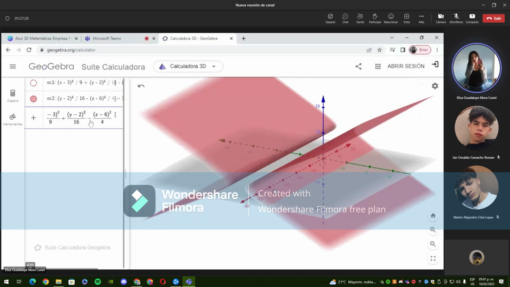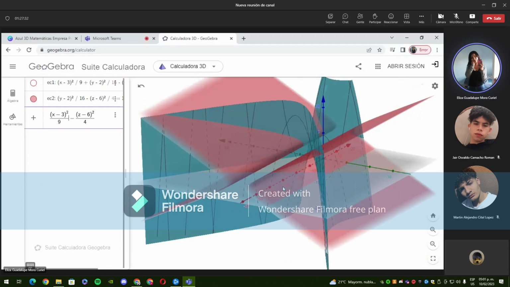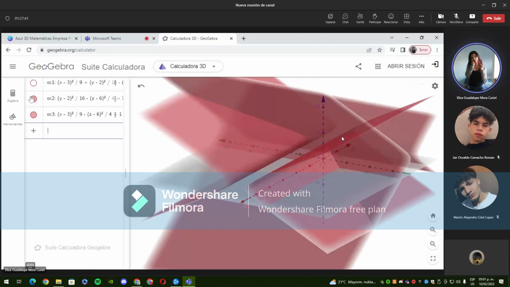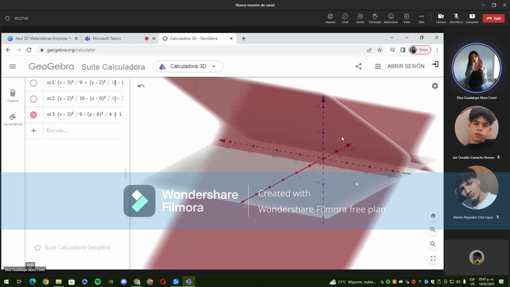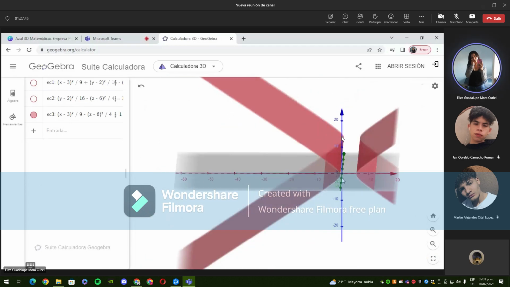We need to eliminate this and equal to 1. And as before, we have 2 hyperbolas extending on the y axis.